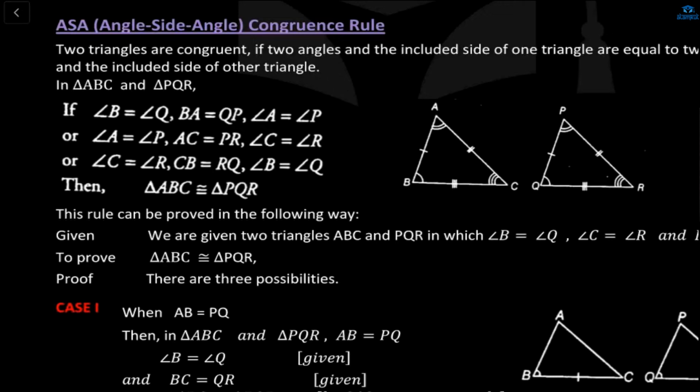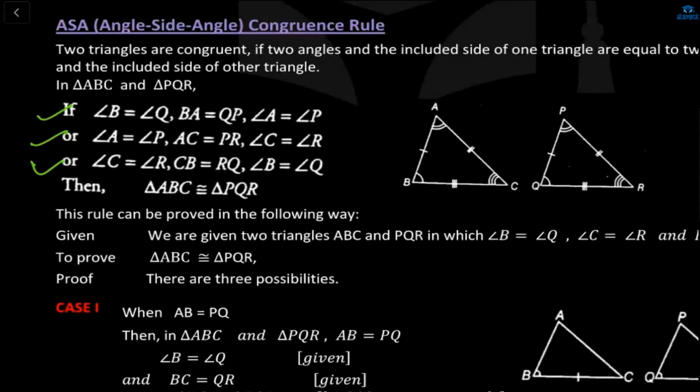The third: angle B is equal to angle Q, angle C is equal to angle R, and side BC is equal to QR, so the triangles are congruent. So these three are there. If any one of these exists, whether or not it is written, the triangles are congruent.